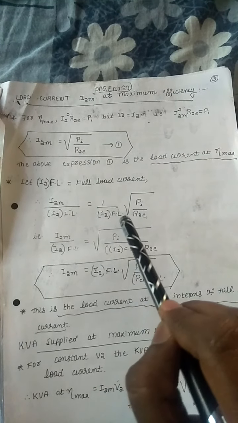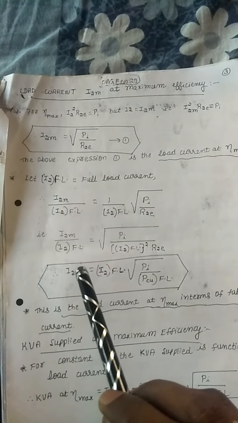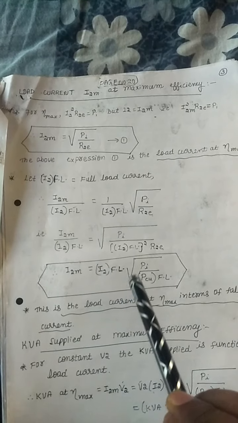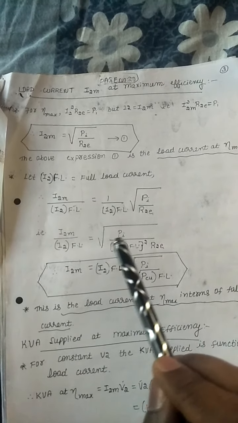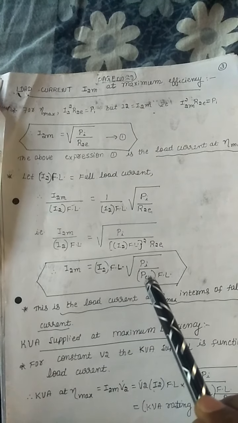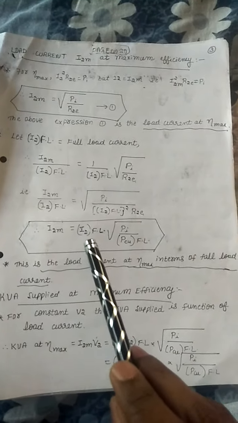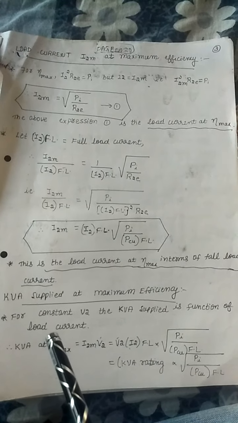If you take this term inside the square root, it becomes I2 FL square into R2E. Therefore I2M equals I2 FL into square root of Pi divided by I2 FL square R2E, which is nothing but the full load copper loss PCU FL. So the above expression is the load current at maximum efficiency in terms of full load current.